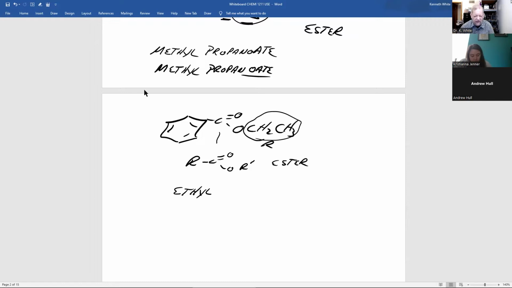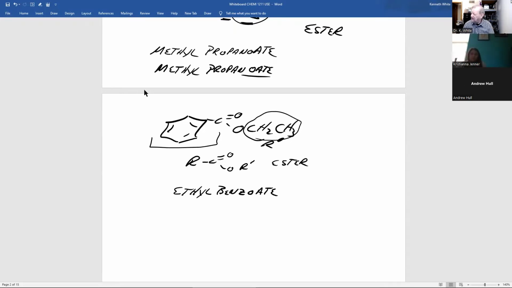Now, if you look here, what's the longest chain? It makes no sense because you've got that benzene ring. So now you have to use the IUPAC way. If this R prime was a hydrogen, that would be benzoic acid. Drop the IC and the word acid and add ATE, and you have ethyl benzoate.